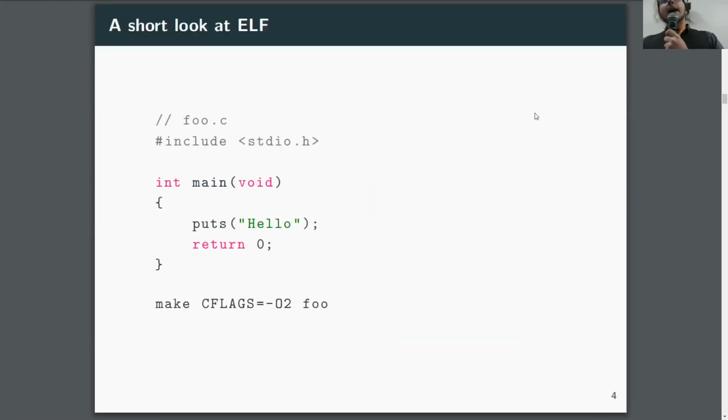Let's say you have a simple hello world that you compile. What happens when puts is called is a little delicate on an ELF-based system with Linux. For those who are familiar, it might seem trivial.